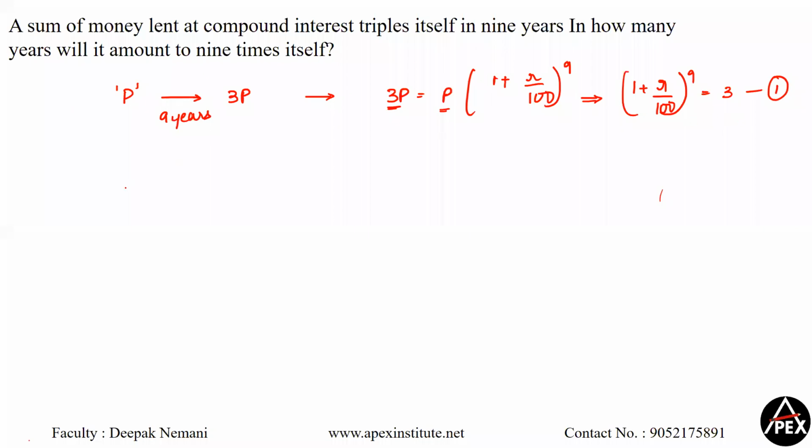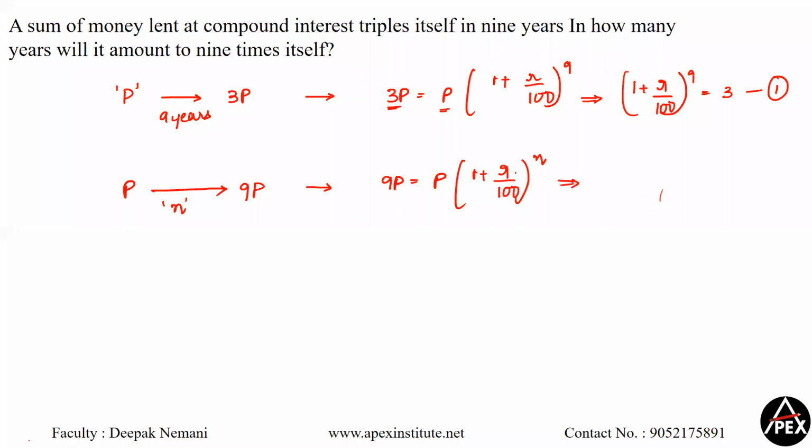Now we need to find in how many years it will amount to 9 times of itself. So let the number of years be n. In this case 9P will be equal to P into 1 plus R by 100 power n, and we need to find the value of n.